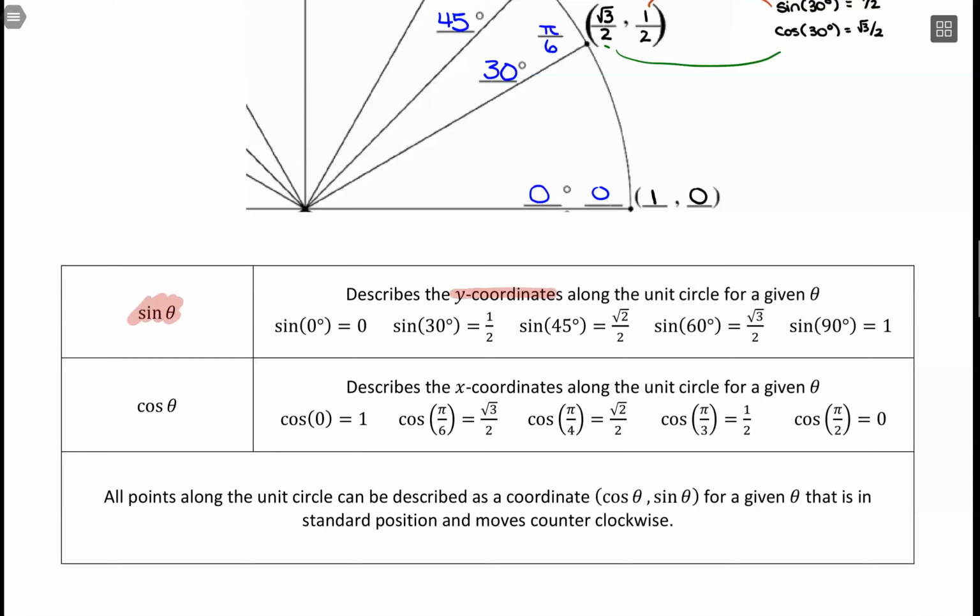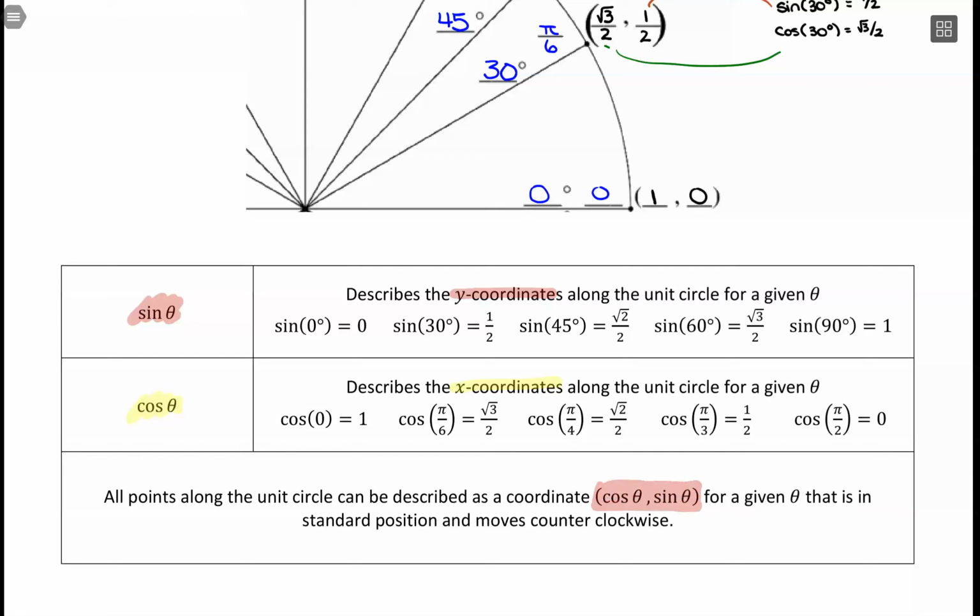So if we need a sine value, we're just looking at those y-coordinates as we go across that first quadrant of the unit circle. For cosine, it's the x-coordinates. So mapping coordinates on the outside gives us all of these cosine and sine values for these specific angles.